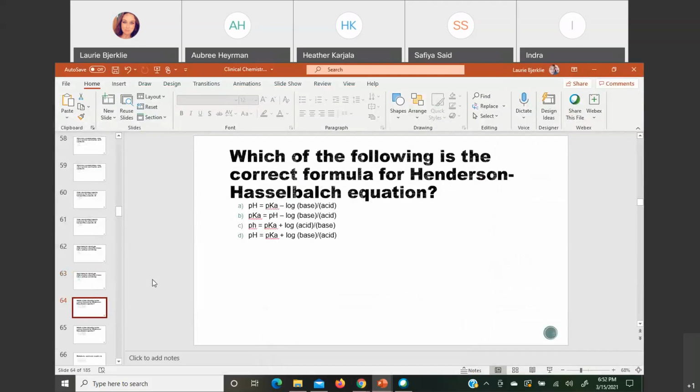All right. Which of the following is the correct formula for Henderson-Hasselbalch? When they're like this, it's really hard to tell them apart. Just do your best. It's a pure memorization thing for knowing which one was the formula.